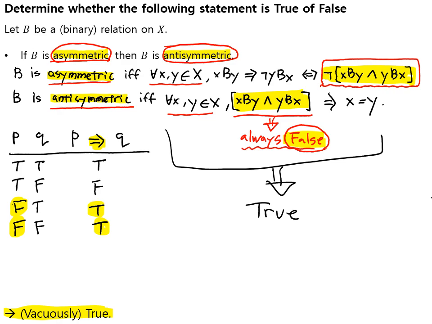So there are no cases in which the antecedent of the definition of anti-symmetry gets met. Whenever that is the case, we say that the statement is vacuously true, meaning that the antecedent of the conditional statement is never met. Okay?